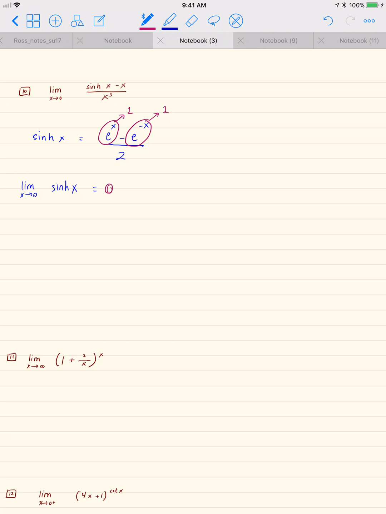So this means that as x approaches 0, sinh x minus x approaches 0, because sinh x is going to 0 and x is going to 0. So the numerator approaches 0 and the denominator, of course, is going to approach 0. So we've got an indeterminate form of 0 over 0, and we need to apply L'Hopital's rule.